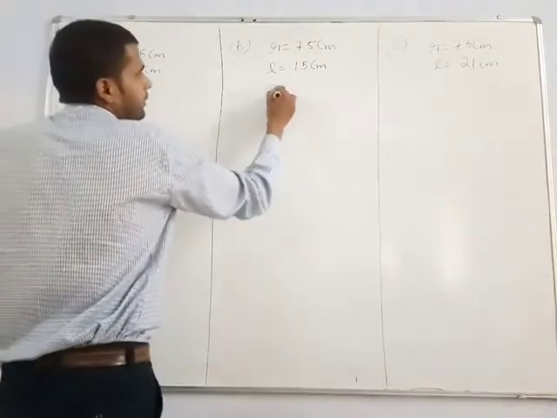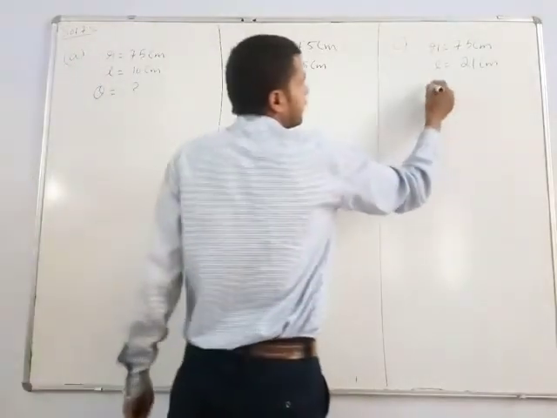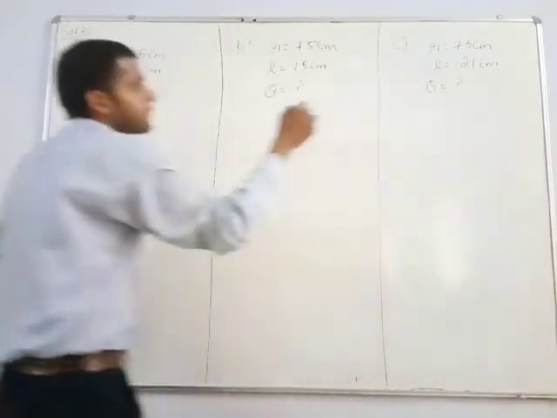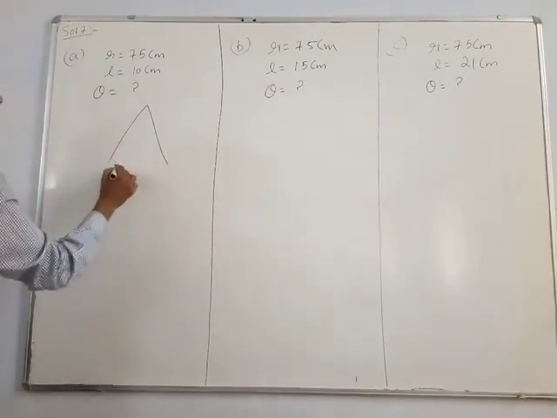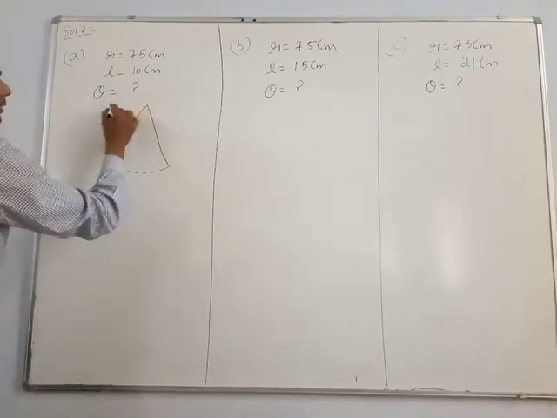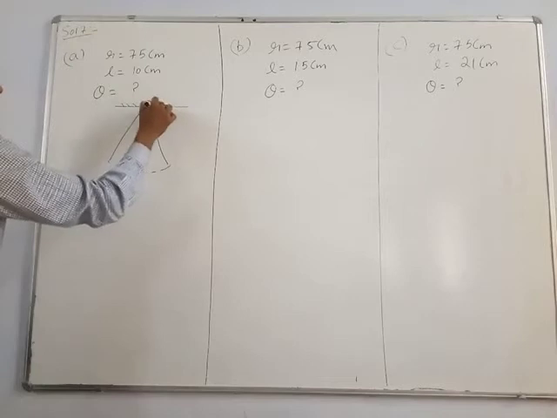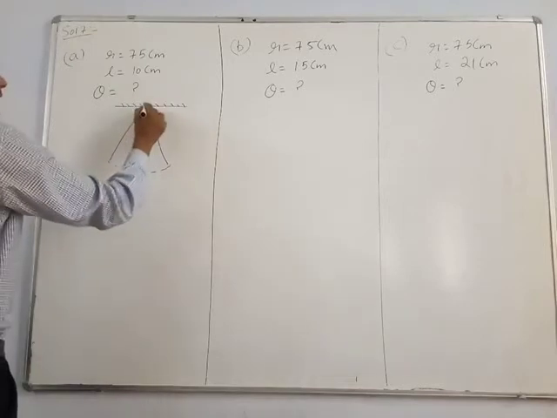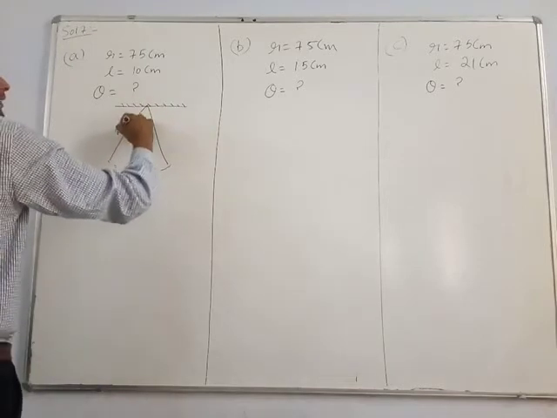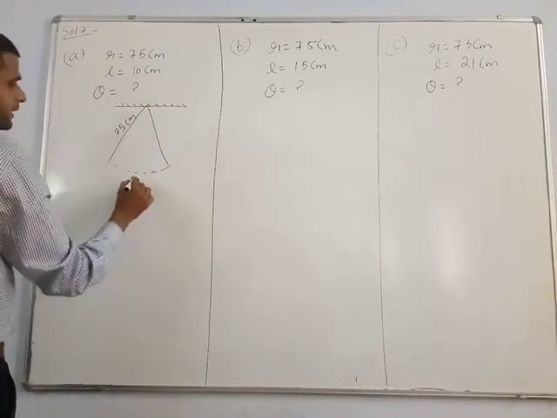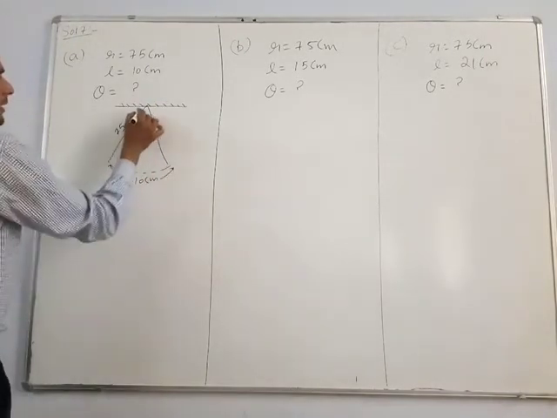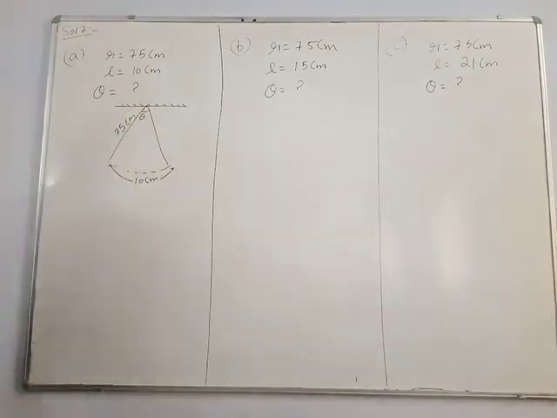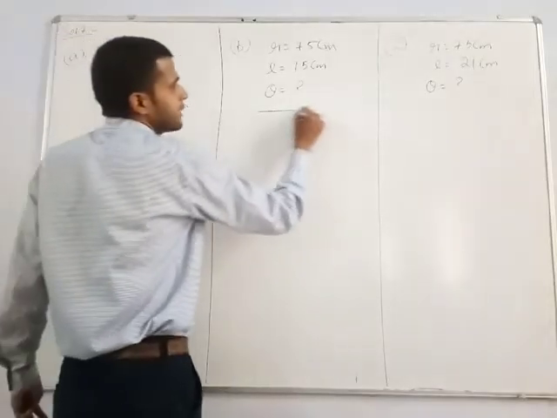This is the swing. Swing means this is the radius, 75 centimeters common, and this is 10 centimeters. You have to find the angle in radians. The same question is there in the second part.